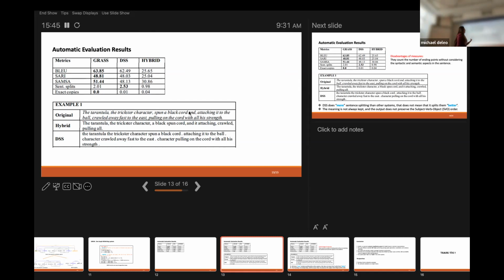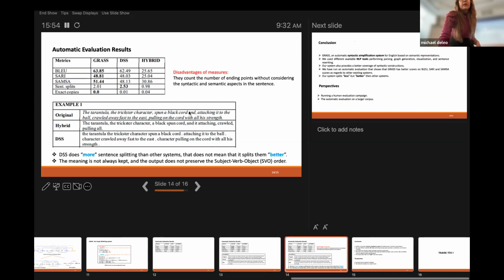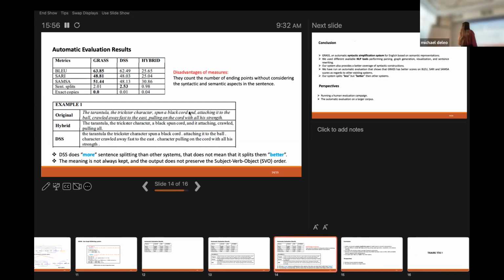We have more sentence splitting, but it does not mean that it splits better. Here we have agrammatical sentences. So attaching it to the ball is not a correct sentence. They do not preserve the subject-verb-object order.